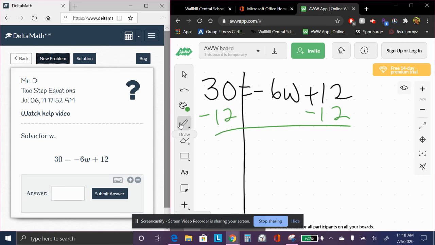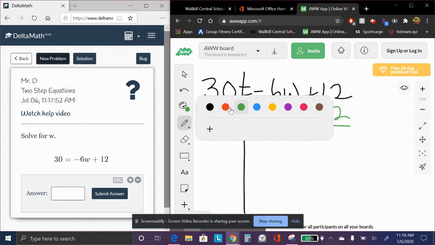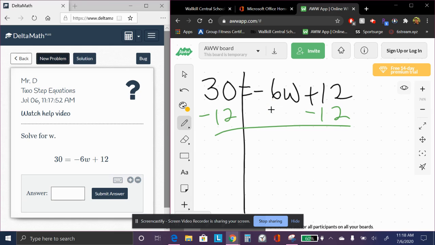So you would get, these cancel out. You would get 30 minus 12, which is 18. Don't forget to bring down the negative 6w. Then divide both sides by negative 6.